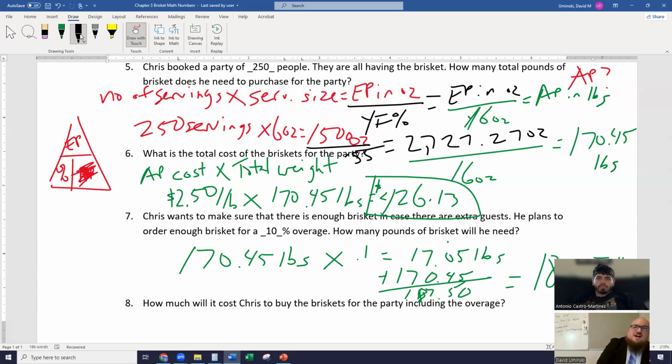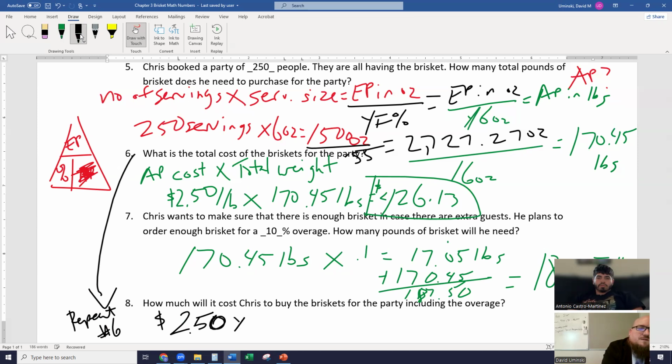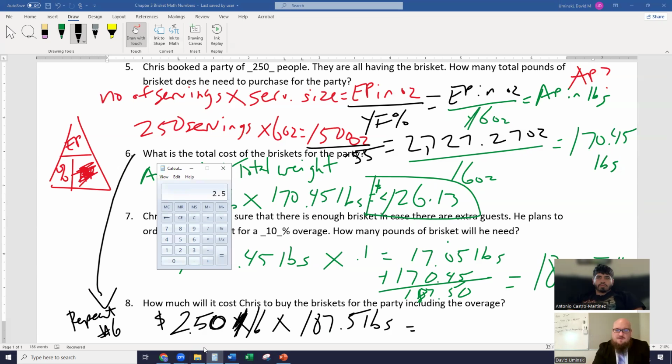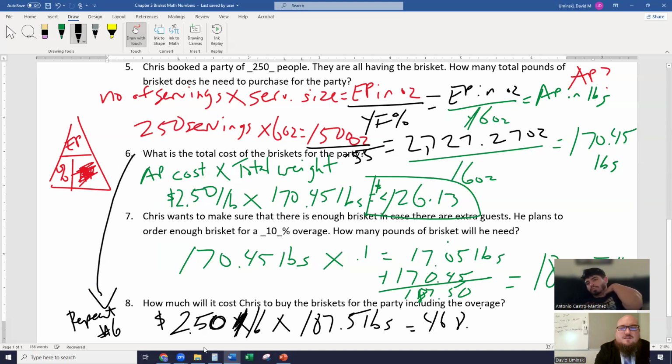And number 8, how much will it cost him to buy the brisket? So we repeat number 6. $2.50 per pound, AP, times 187.5 pounds is $468.75.